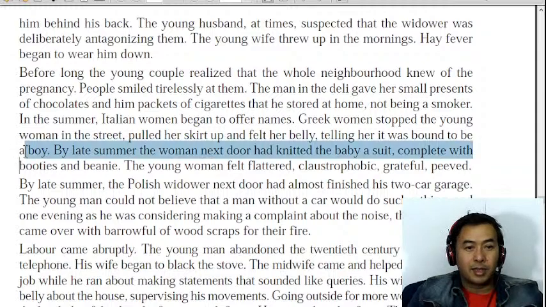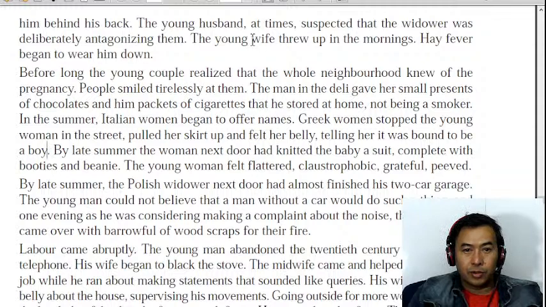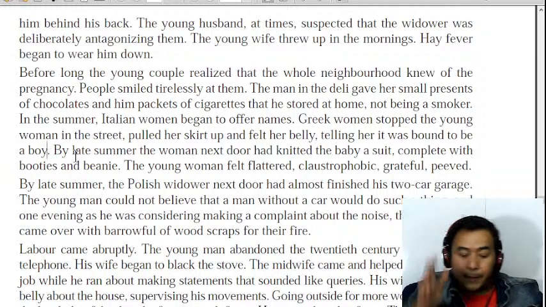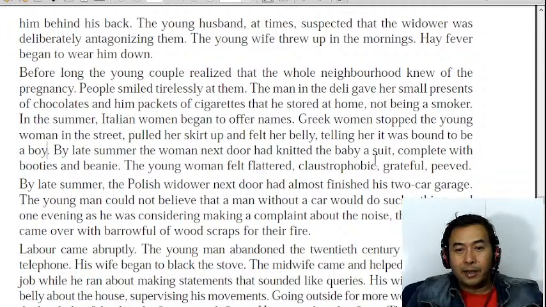So they expected that this young wife had a boy in the womb. So everybody was teasing the lady.